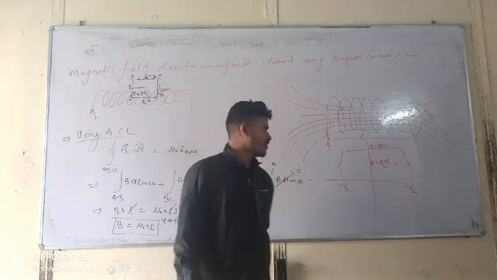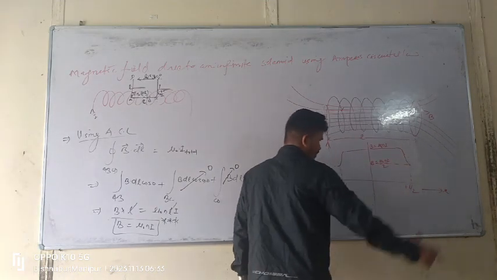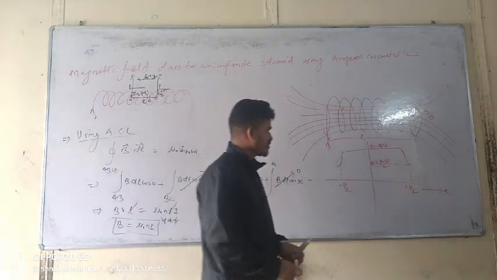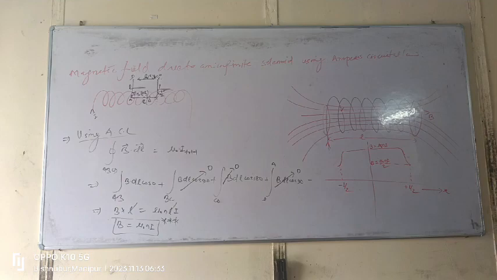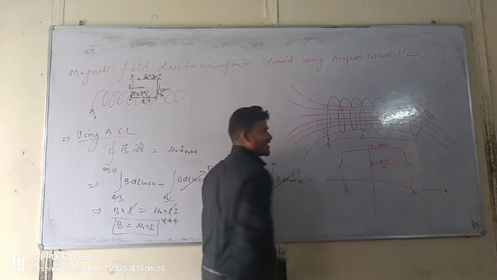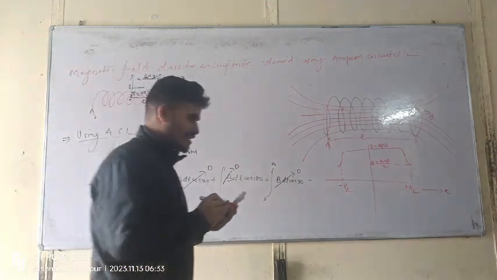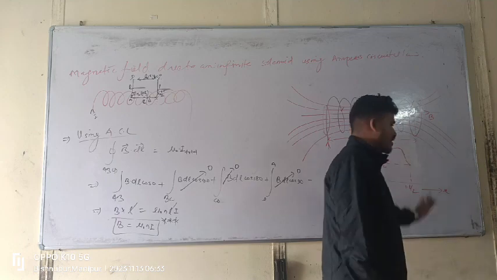This is the graph of B and X. This is X, the distance, the length. B and L. This is a straight line. Constant inside the solenoid, and at the ends it got decreased.